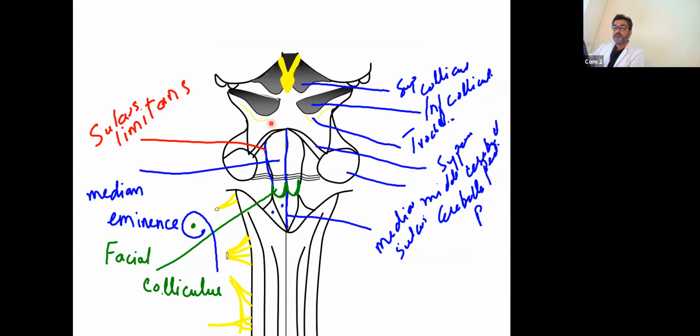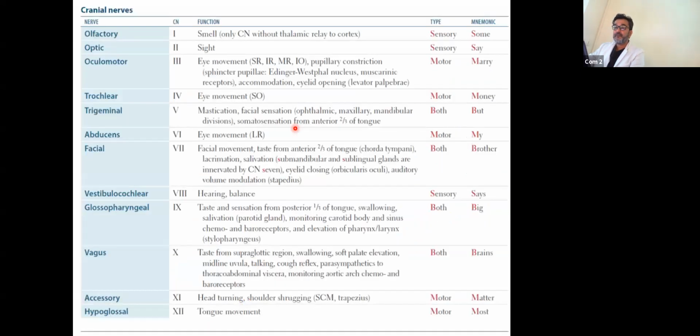Optic is for sight. Oculomotor, as I said, supplies all the muscles which move the eye, except two muscles. One is the lateral rectus, the other is the superior oblique. The fourth cranial nerve supplies the superior oblique muscle.